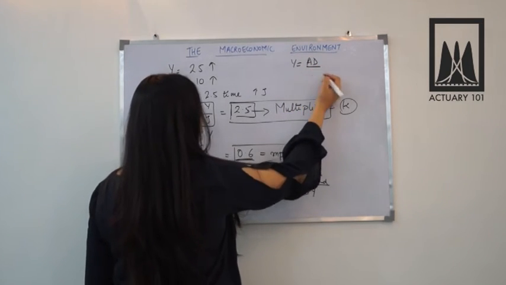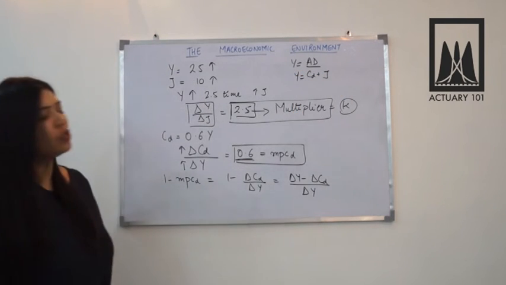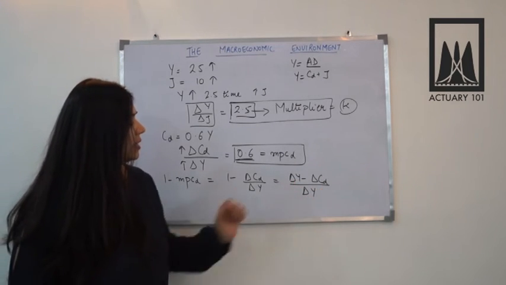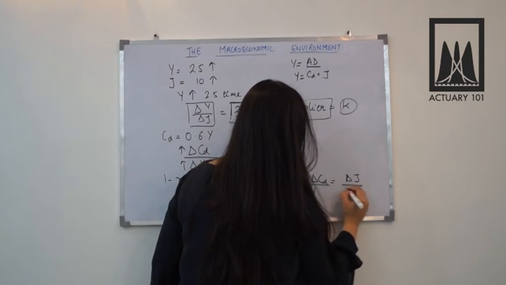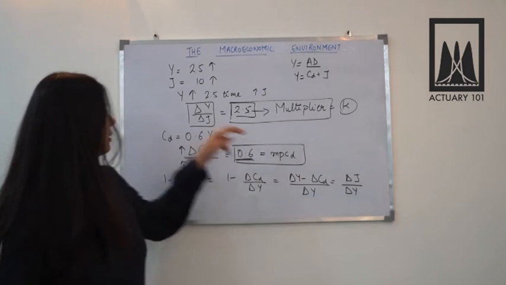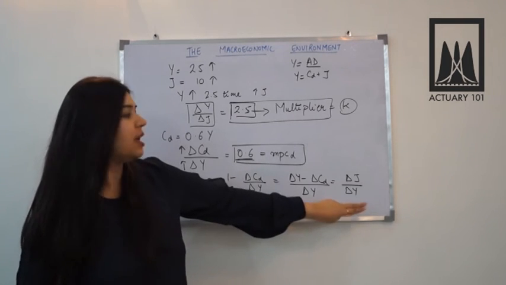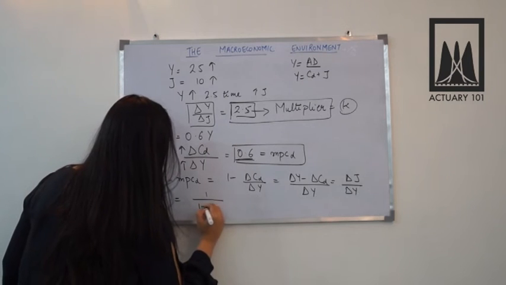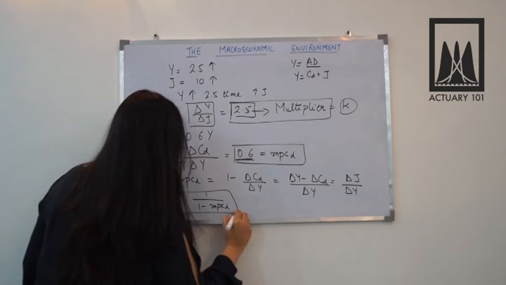So if I replace AD by CD plus J, can I say Y is equal to CD plus J, right? So if I say change in Y minus change in CD, I'll get change in injections divided by change in Y. Now if you look at this relationship, the multiplier is just the reciprocal of this. So can I say that the multiplier K is equal to 1 upon 1 minus MPCD? And this is the relationship that I can draw.